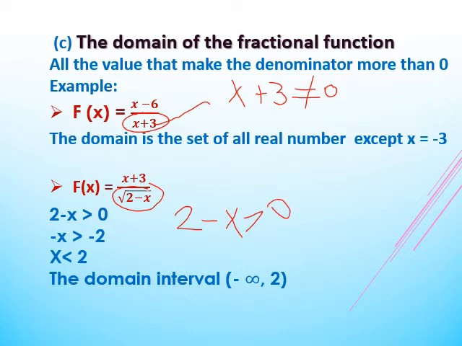When a radical is in the denominator, we can't write it as greater than or equal to 0. So we eliminate the equal sign and get 2 minus x greater than 0, and this will be our domain, or the interval.